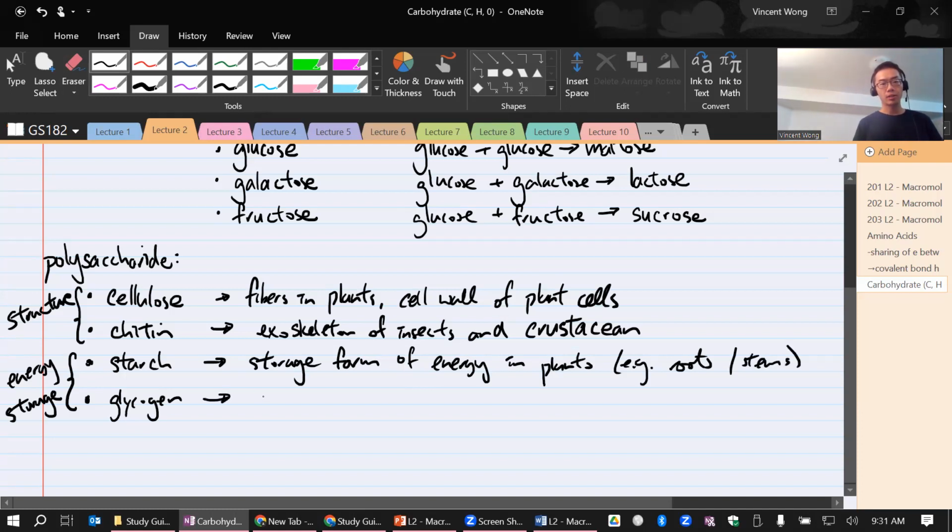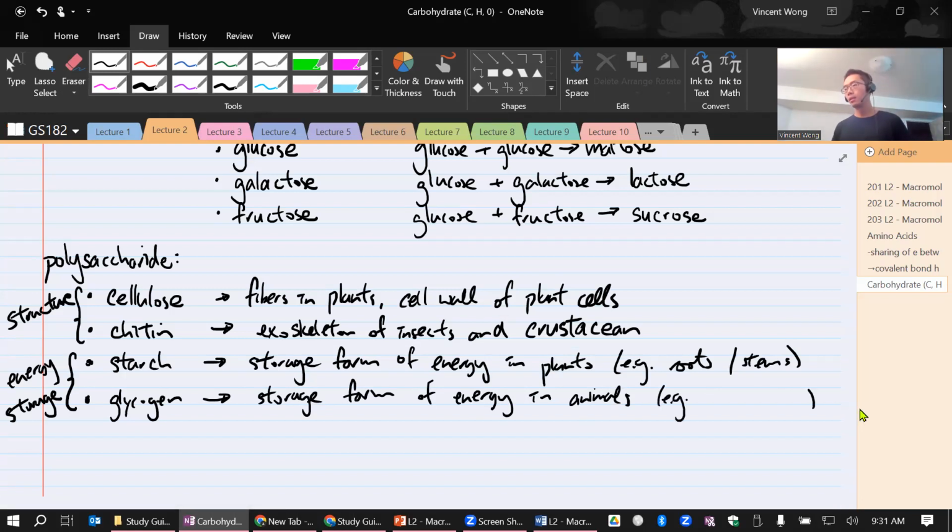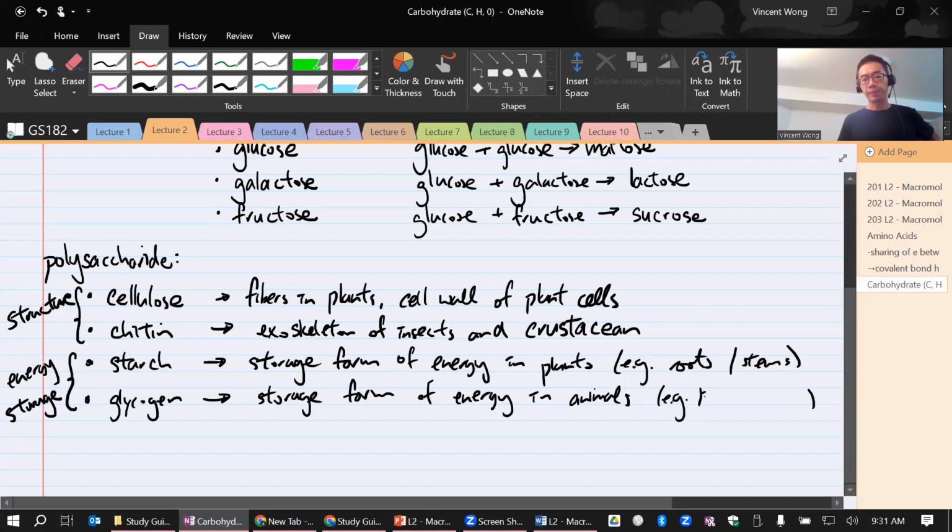And glycogen is storage form of energy in animals. Remind me where you find glycogen in the body? 2 places. Thank you, Madison. Liver and muscle. Very good.